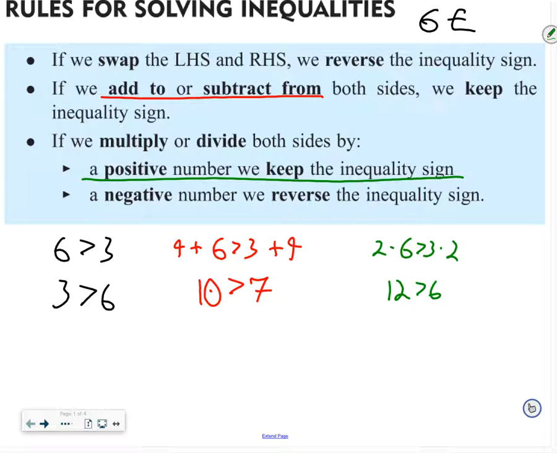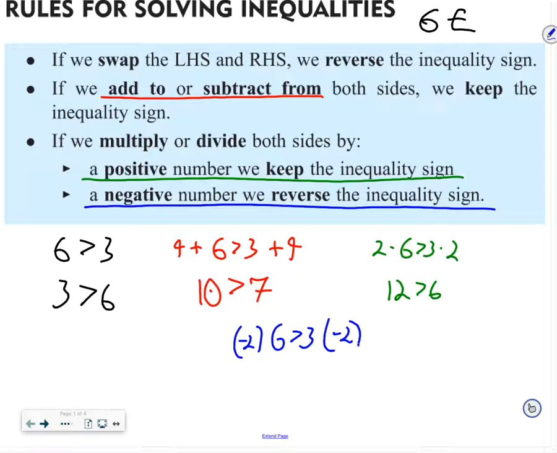But as we investigated here, if we multiply by a negative number, and we had 6 is greater than 3, we multiply both sides by negative 2. Notice we get negative 12 and negative 6 here.